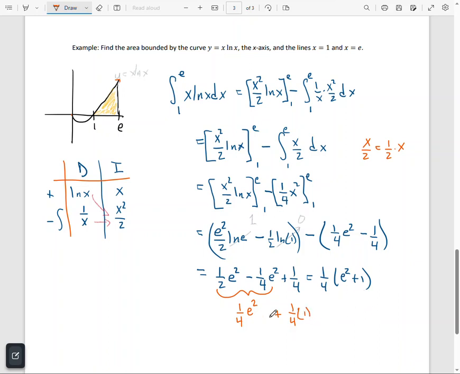Integration by parts using the tabular method. If you could take derivatives, which I know you can do, and if you could take integrals, antiderivatives, which I know you can do, you could do integration by parts and do more difficult problems as well.